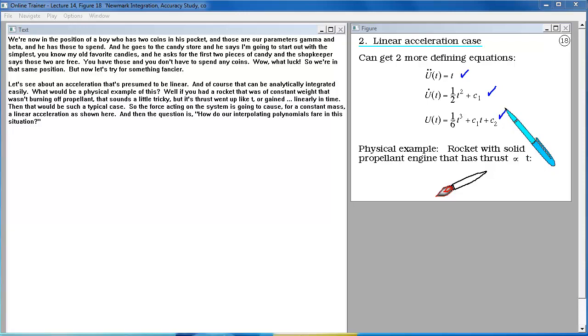Well, if you had a rocket that was of constant weight and wasn't burning off propellant, that sounds a little tricky, but its thrust went up like t, or gained linearly in time, then that would be such a typical case. So the force acting on the system is going to cause, for a constant mass, a linear acceleration as shown here. And then the question is, how do our interpolating polynomials fare in this situation?